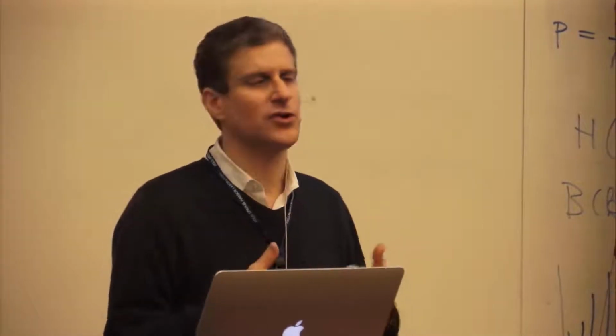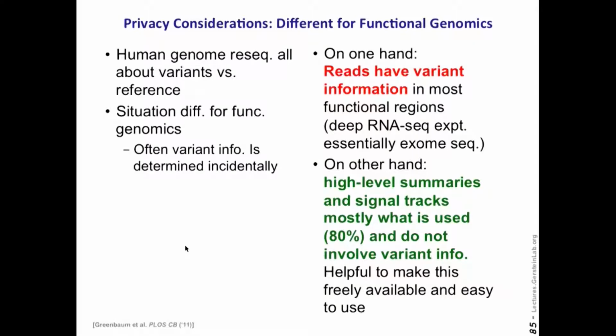But now, how does functional genomics fit in here? So functional genomics has an interesting little twist. If you do a human genome resequence, it's all about the variant. It is about your variants. That's what it's about. But if you do a functional genomics experiment, are you really interested in the variants? Not necessarily. You might be, but you might not be.